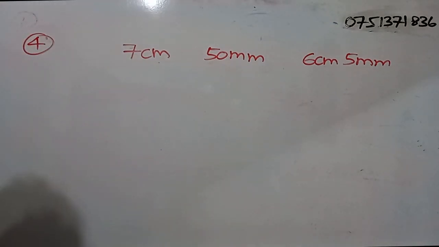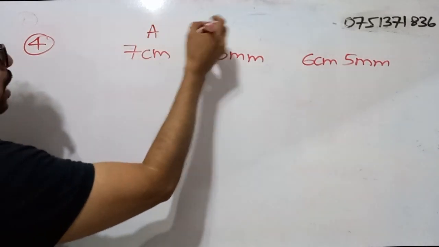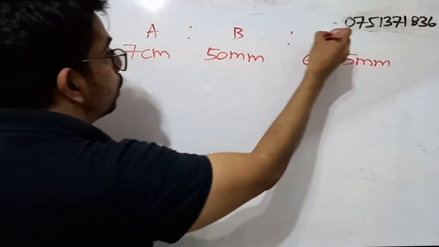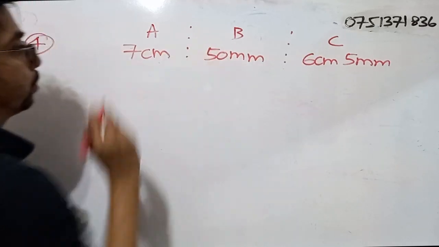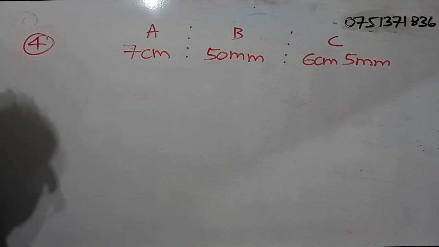So the very first thing that we need to do is convert all these 3 units into 1 unit, right? So I will take this as A to B to C. So we will convert all of these measurements into millimeters, right?